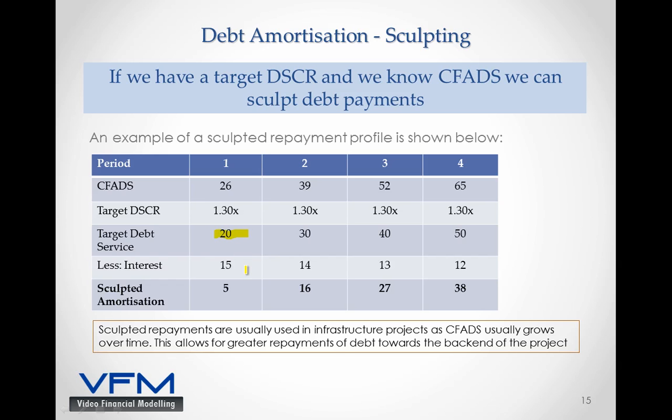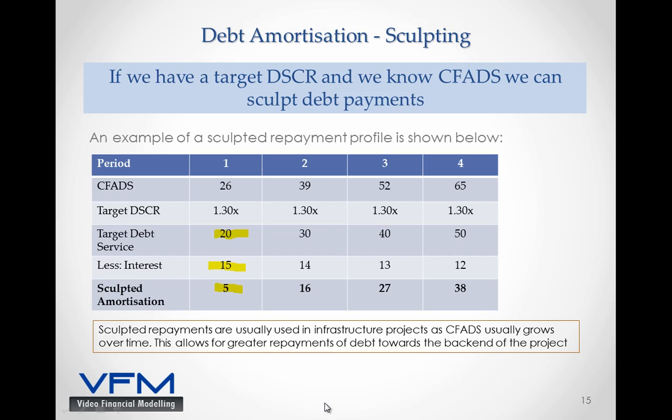We know our interest payment is $15, so that means we have $5 left to meet the target debt service, so we can put that towards our sculpted amortization. Similarly, with period 2, we can find our target debt service, less our interest, and then find the sculpted amortization by going target debt service less interest.